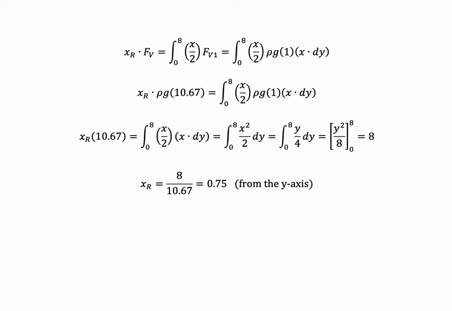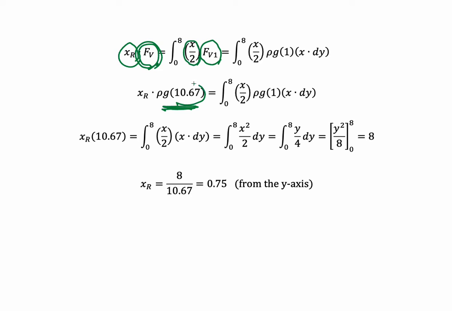So and then we could write a calculation like this one, meaning that the total vertical force times xr is equal to the vertical force for only one rectangular area times the location of the centroid, which is x over 2. So and then to calculate the vertical force, we use the equation rho g volume.